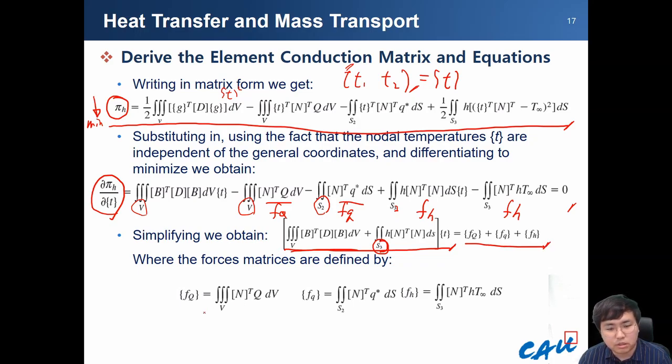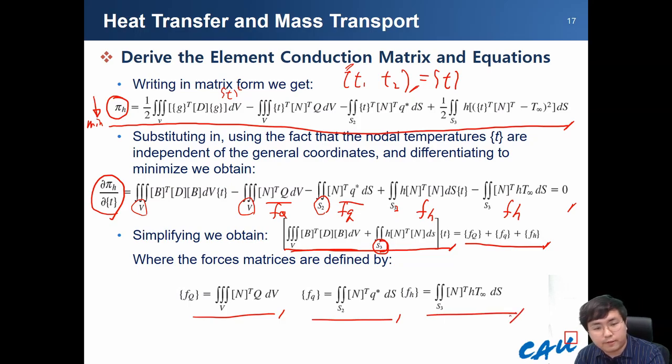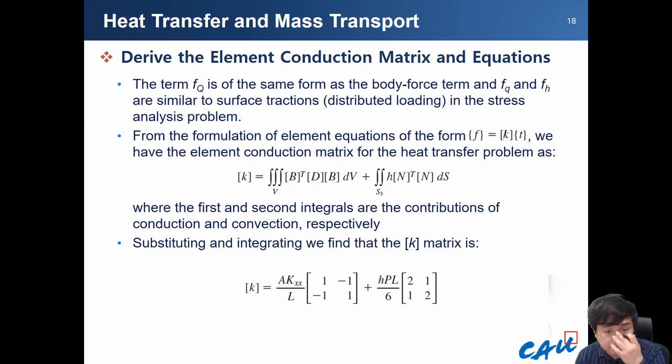The force matrices can be expressed like this. And finally, our local stiffness matrices look like this. Compared to the previous solid mechanics part, B transpose B is the same form.